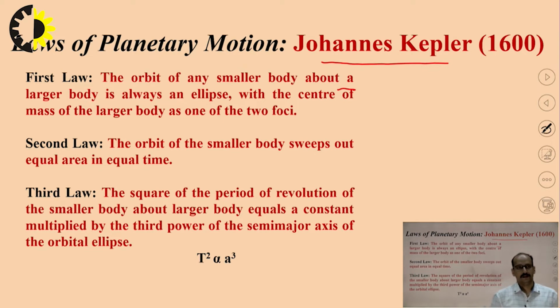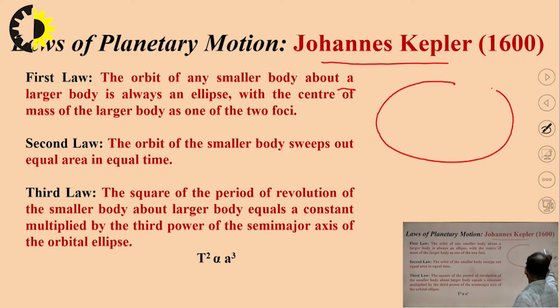So basically what this first law is saying is that if this is the orbit of the satellite, then it will always be an elliptical path, and the other object, which is a larger body, is located on one of the two foci of the ellipse. So this is the first law of planetary motion.